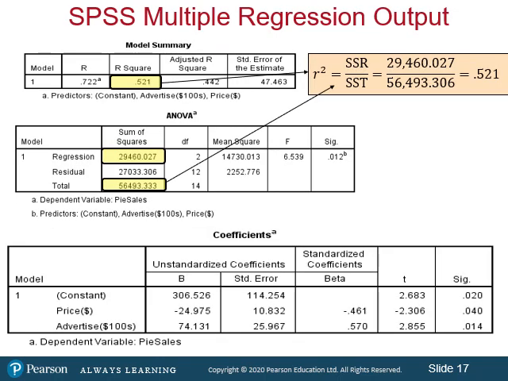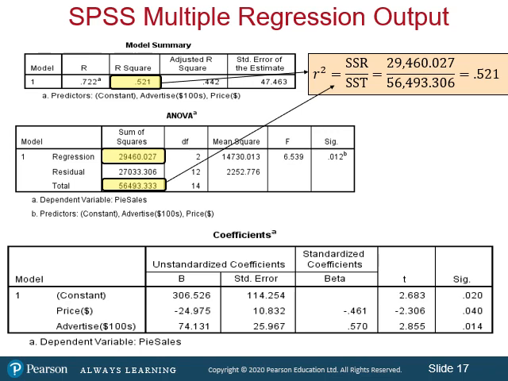When you get your regression output, you will get an R square in the first box called model summary. In model summary, we have 0.521, which is the R square. How do you get it? Here we have a regression sum of squares of 29460 and a sum of squares total of 56493. We take the regression sum of squares divided by the total sum of squares, and we get 0.521.